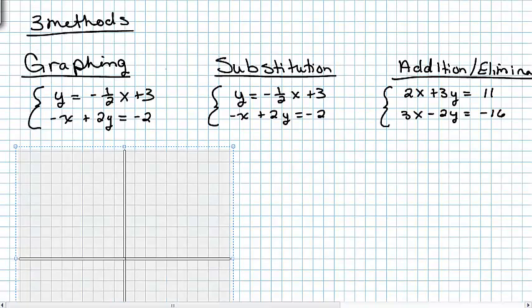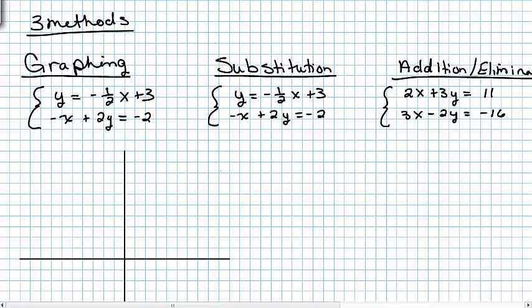So I'll graph the first one in black and the second one in red. So my y-intercept is 3. So 0, 3 is my y-intercept, and my slope is -1/2. So that means go up 1, left 2, or down 1, right 2. Either way.